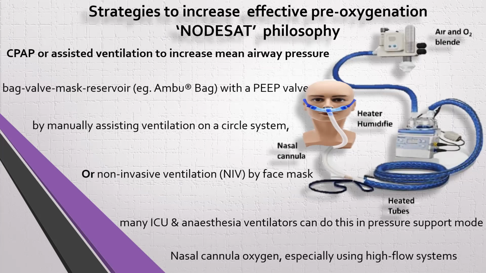Even a decrease in respiratory drive. So these patients are more liable to rapid desaturation and hypoxic brain injury. So strategies to increase the effectiveness of pre-oxygenation are done, especially for these patients.